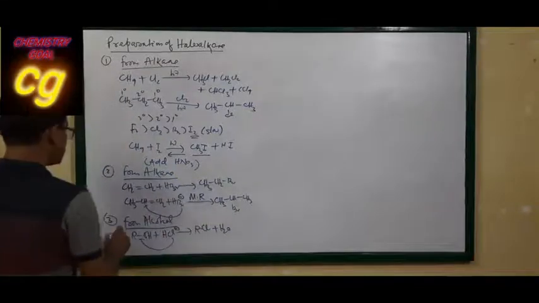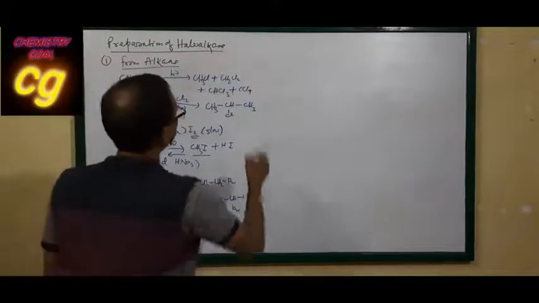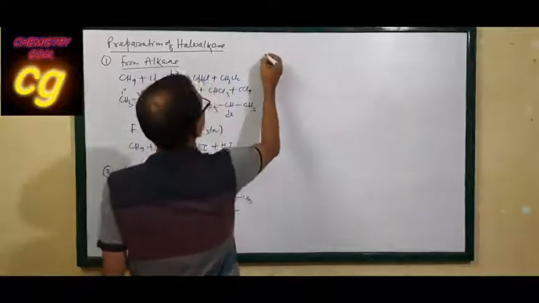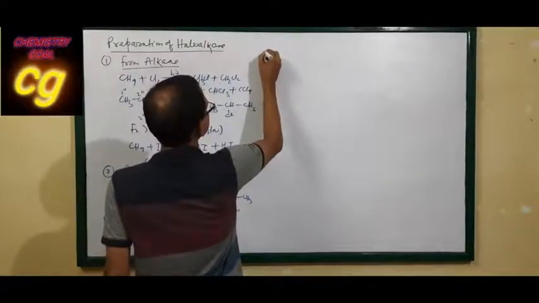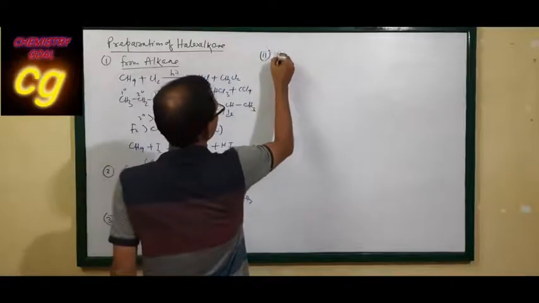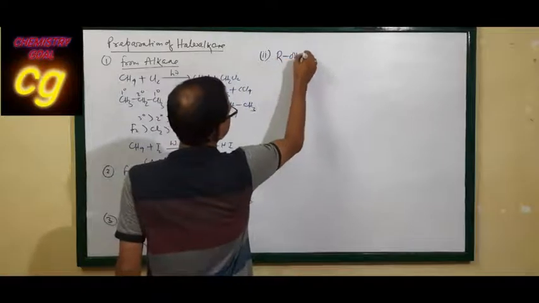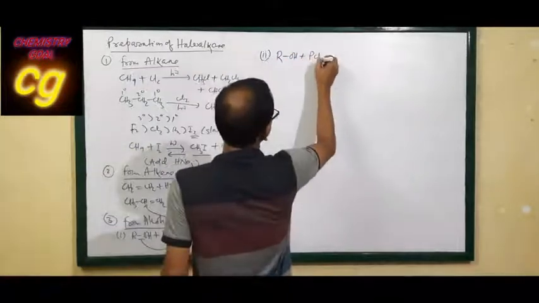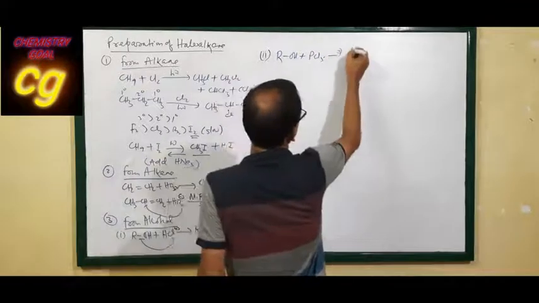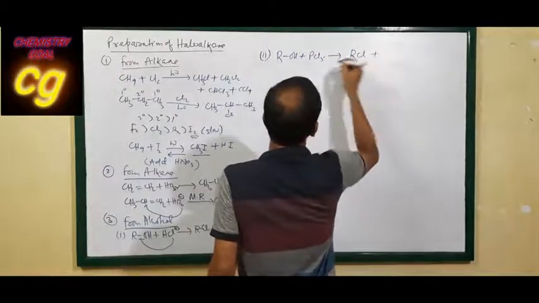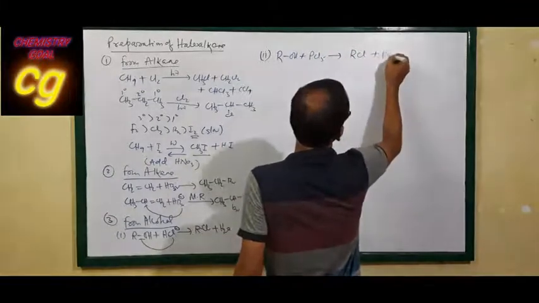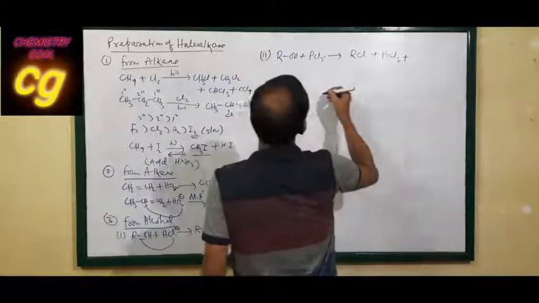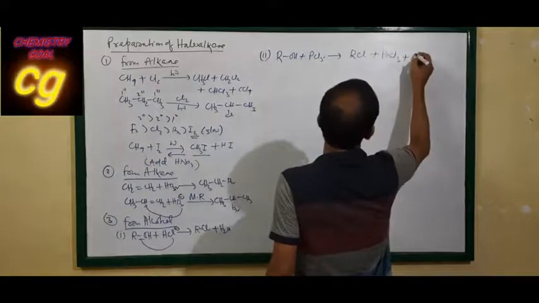Then you can prepare the same from alcohol with PCl5. The product is RCl plus POCl3 plus HCl.